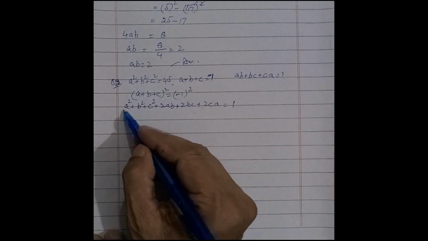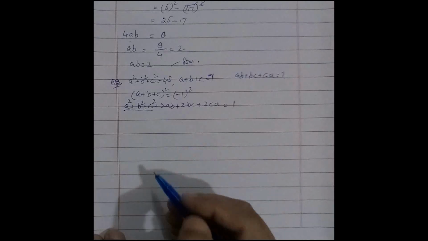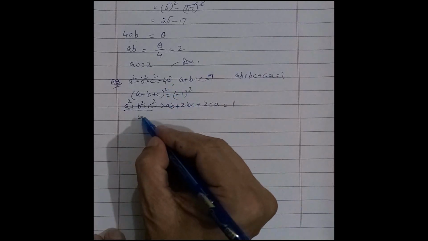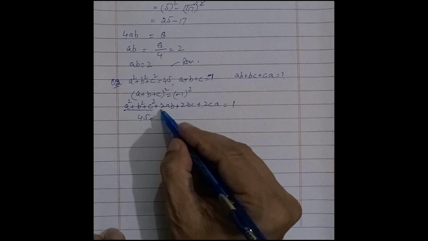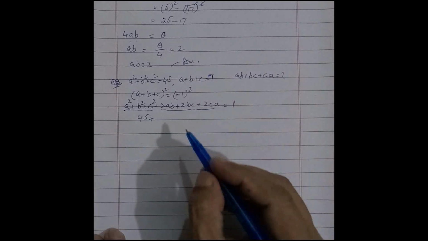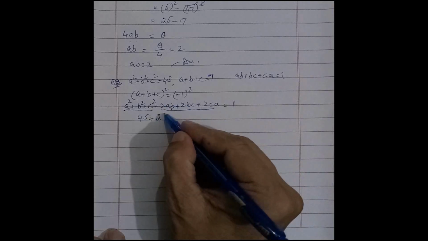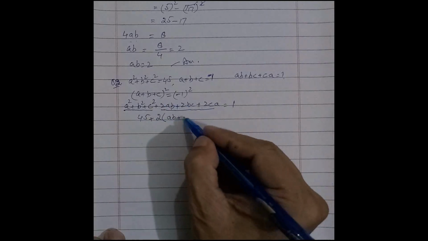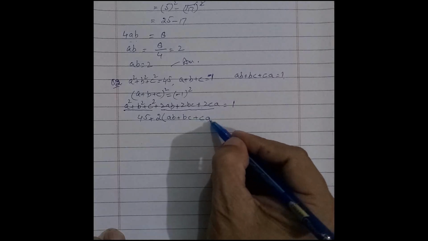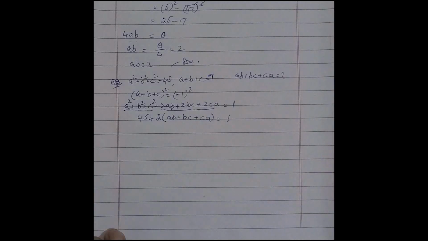And now we put the value of a square plus b square plus c square, which is 45. 45 plus, we take common 2 from 2ab plus 2bc plus 2ca. We have 2 into (ab plus bc plus ca) is equal to 1.